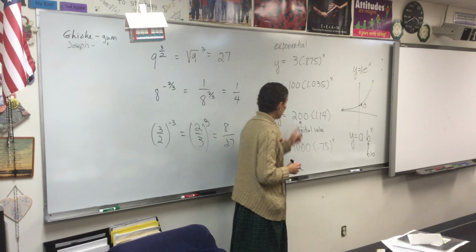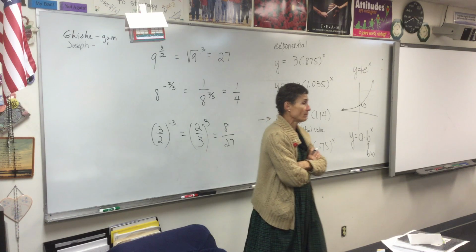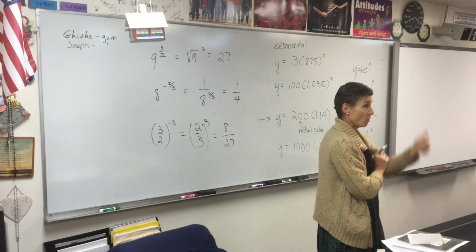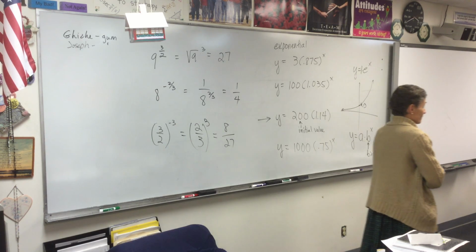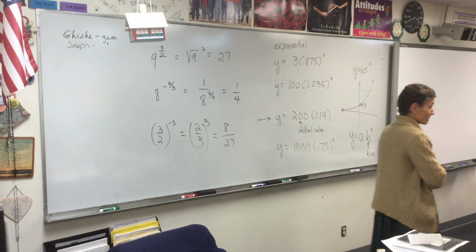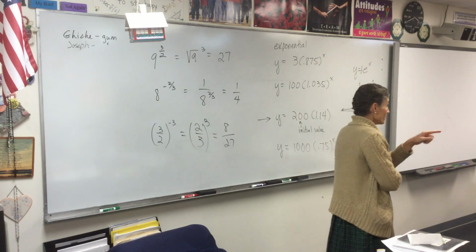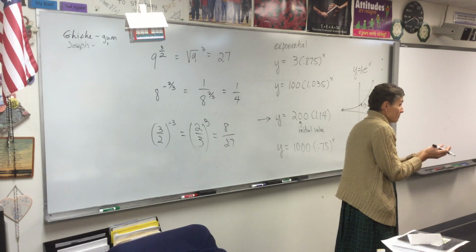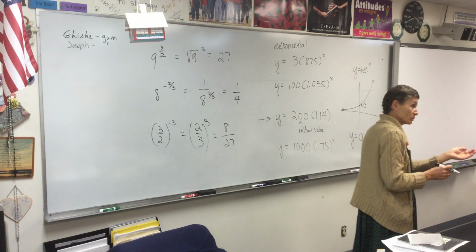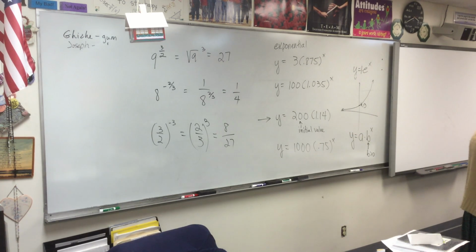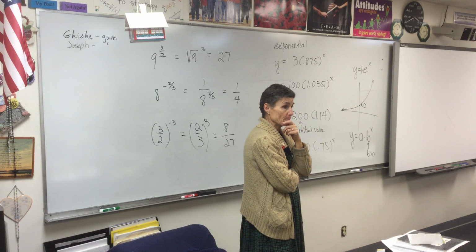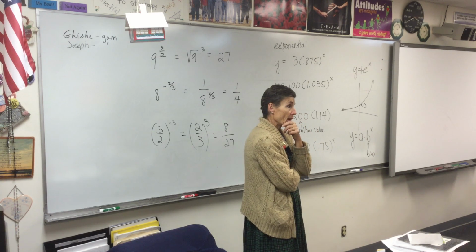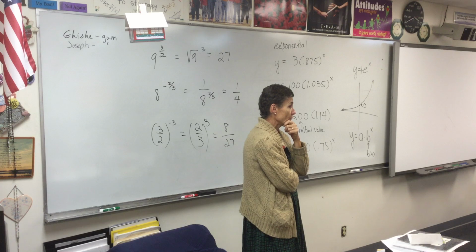Now, what happens when I multiply it by 1.14? First of all, it gets bigger. By how much? Well, exactly 28 people this time, but if you multiplied by another 1.14, it would be more than 28 people the next time. What percentage am I increasing by? I'm multiplying by 1.14.